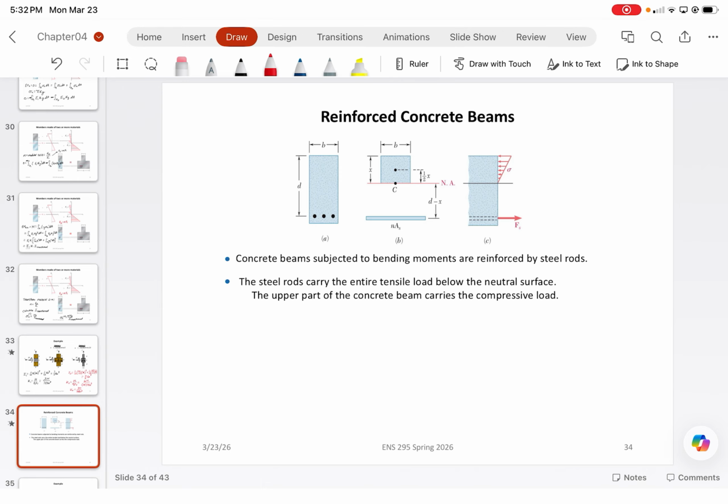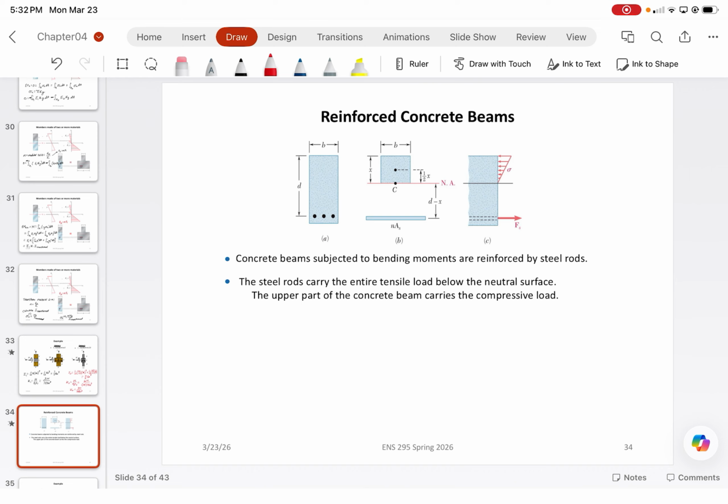So in this case, we assume that because the concrete, we all know concrete is weak in tension, right? We assume that all of the tension carried by the cross-section is carried by the steel and not at all by the concrete, and only the concrete carries the compression.